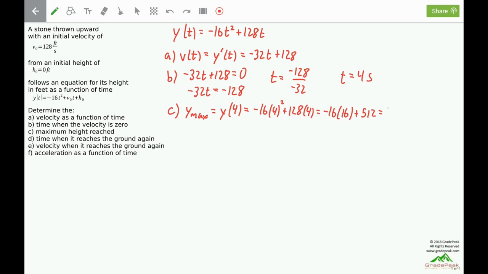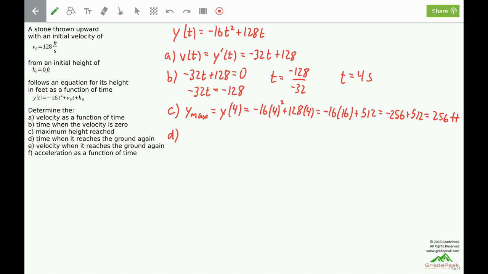A negative 16 times a 16 is a negative 256 plus 512. And negative 256 plus 512 comes out to 256. We're in units of feet. It can be seen over here from the v naught and the h naught. So this will be 256 feet as the maximum height.